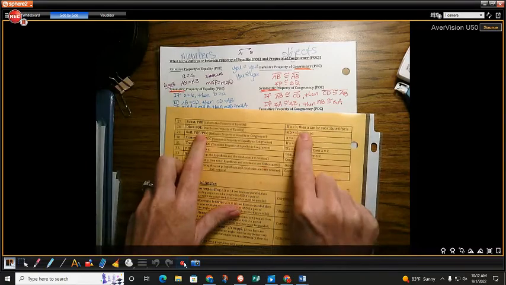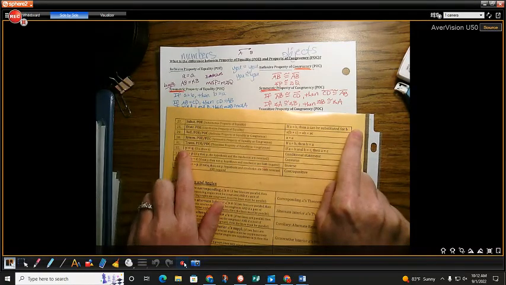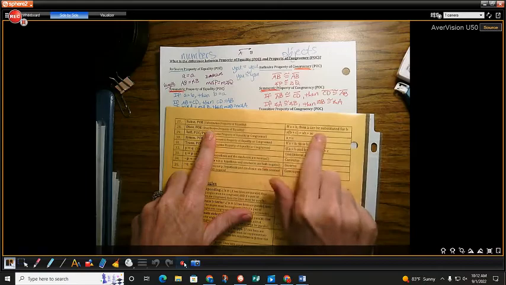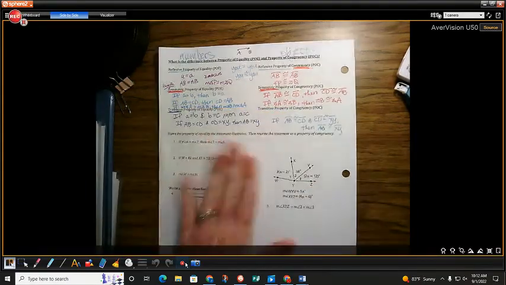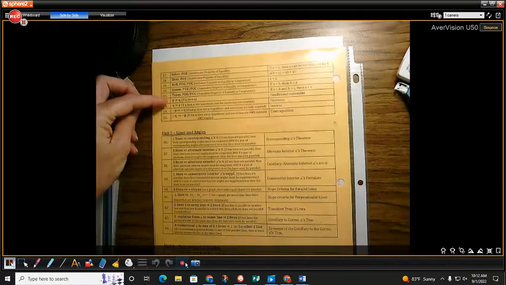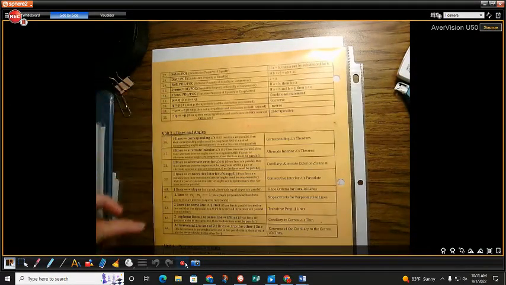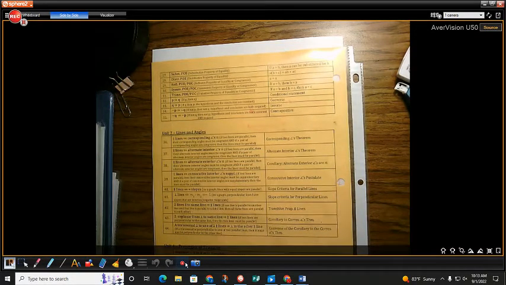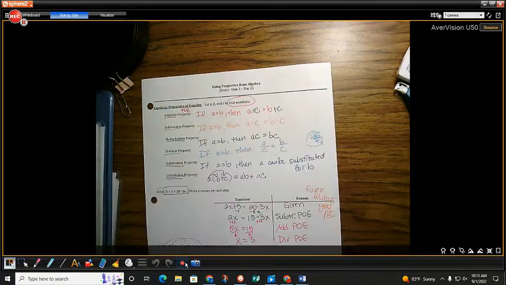So if A equals B, then A can be substituted for B. Distributive property, whatever I told you to write down, those are your properties. And your logic stuff: conditional statement, converse, inverse, and contrapositive. You have to know how to write the symbols. That's the P's and Q's. Mind your P's and Q's that we talked about last class.